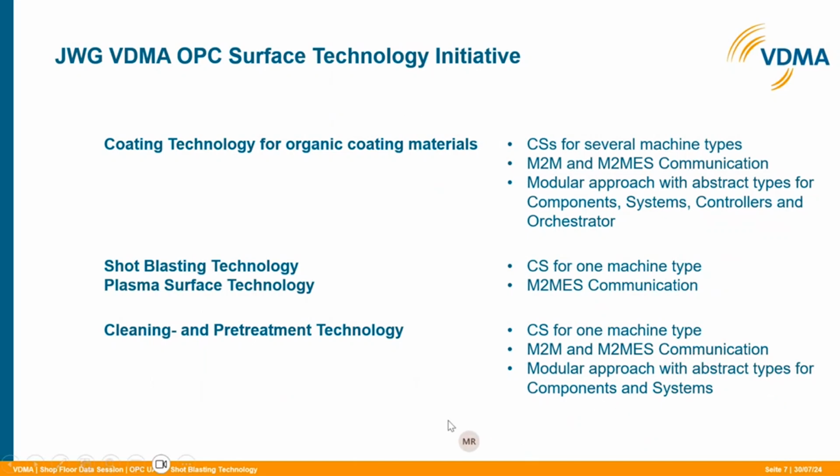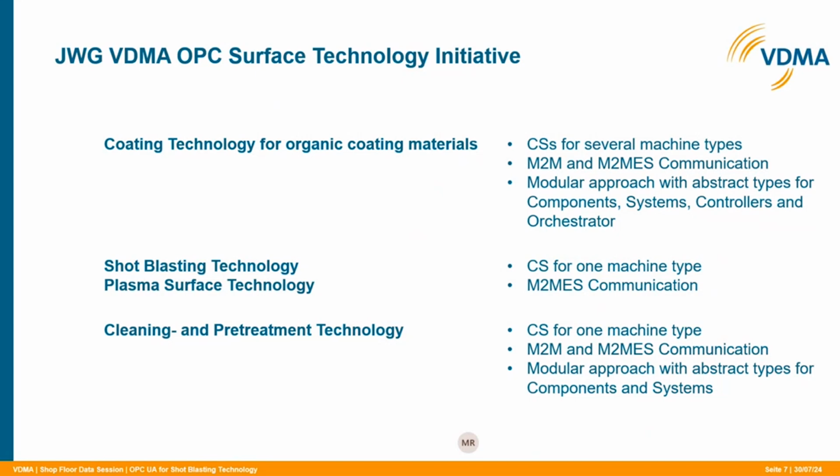To give you an overview of the different character of these groups, for coating technology for organic coating materials, the challenge is a bit different because in this technology field, we have several machine types which are relevant for the process.